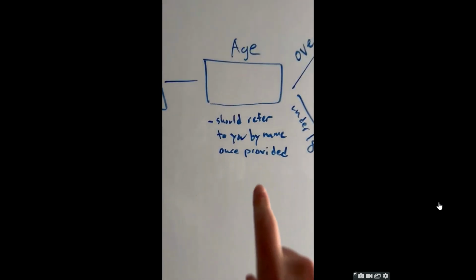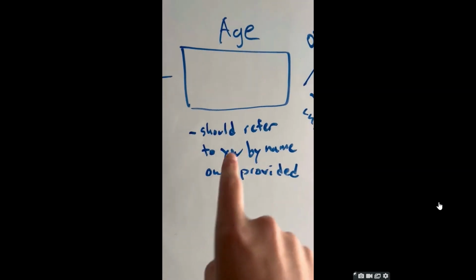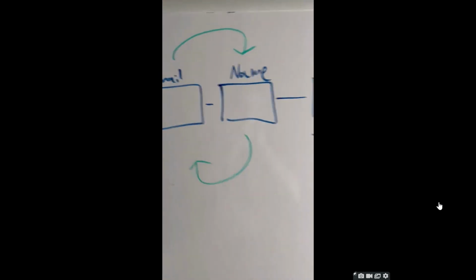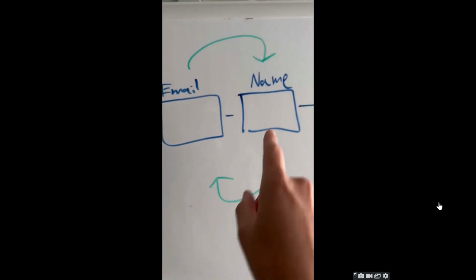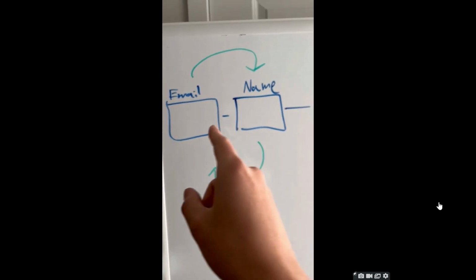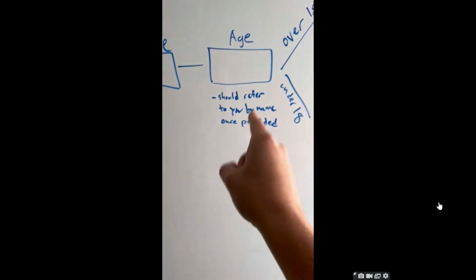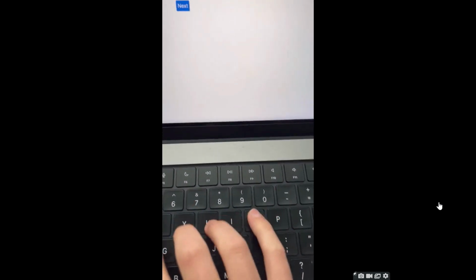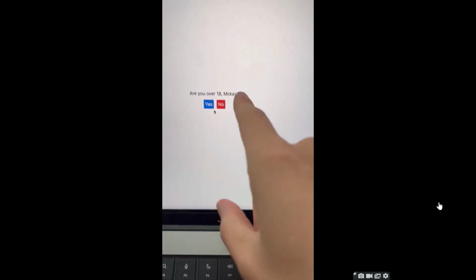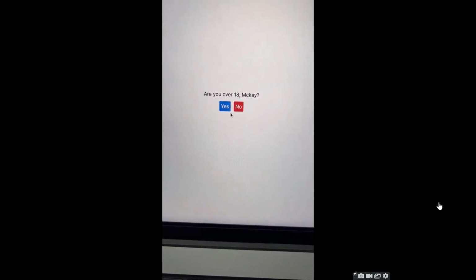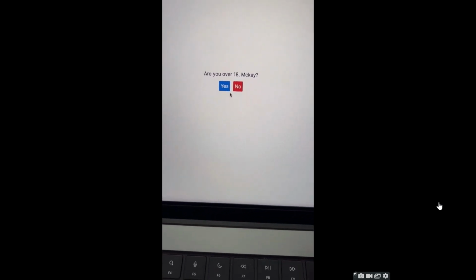Okay. You're going to see in this step, I specify it should refer to you by name once provided. So it flipped these steps, so it knew name, then email, and it knew once it got to email, it needed to refer to me by name. This is crazy. This is all on image. I'm just going to put some fake stuff here. You're going to see it's now asking us to confirm if we're over 18 or not.